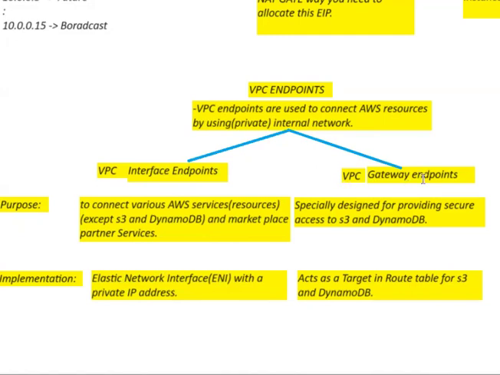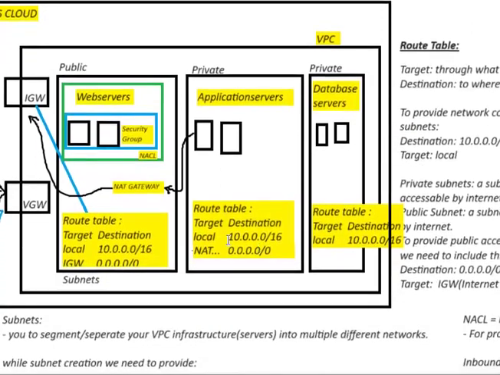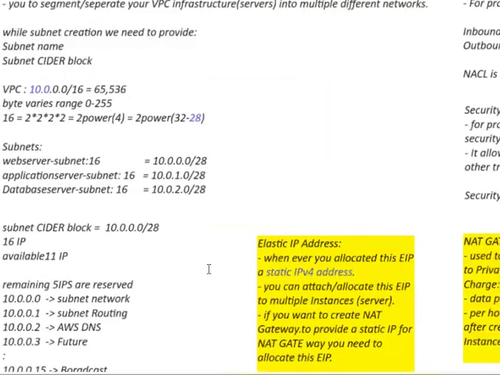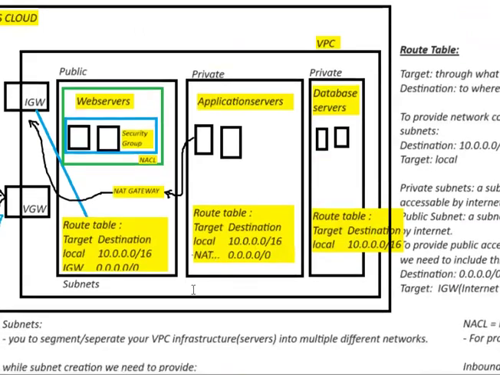Whereas in VPC gateway endpoints, we provide this gateway as a target in your route table. By providing this as a target in your route table, you can route the traffic to S3 and DynamoDB. Previously you have created route tables, right? Here, in place of target, if we use gateway endpoints, then we place the gateway endpoint.